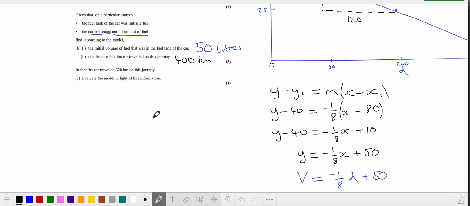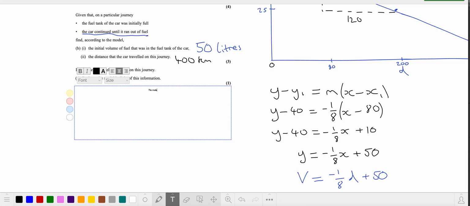Lastly, in fact, the car travelled 320 kilometres on this journey. Evaluate the model in light of this information. Well, the model predicts, it's going to zoom down a bit, hasn't it? Let's go large.